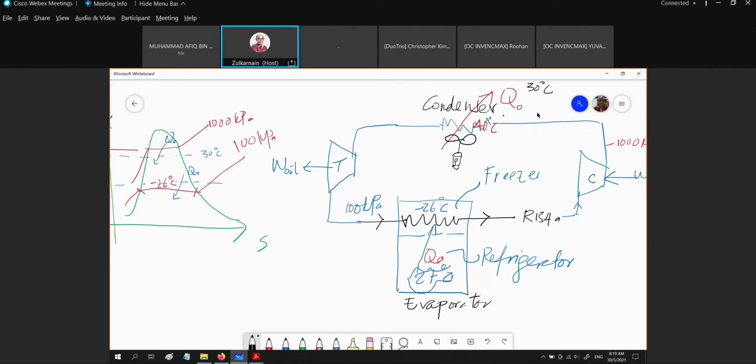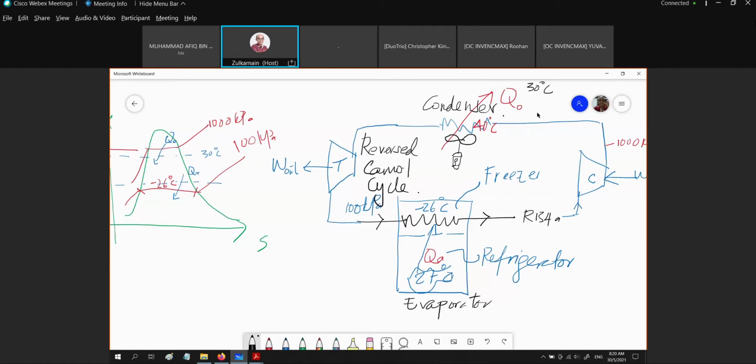The compressor is reversible and adiabatic. The turbine is reversible and adiabatic. Then this cycle is called the reverse Carnot cycle. So this type of component having all the processes that I mentioned just now is called the reverse Carnot cycle.